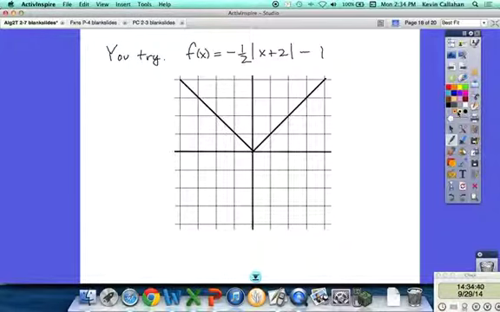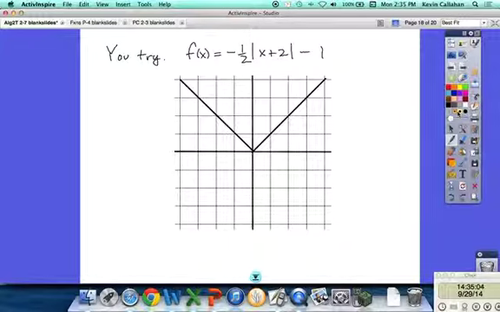Okay. It's all set to draw. So find the vertex first.